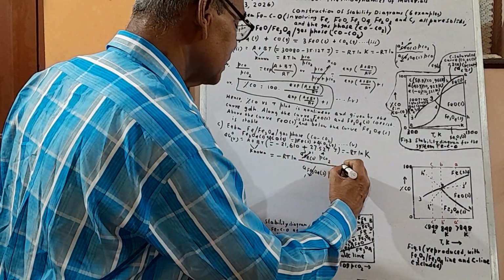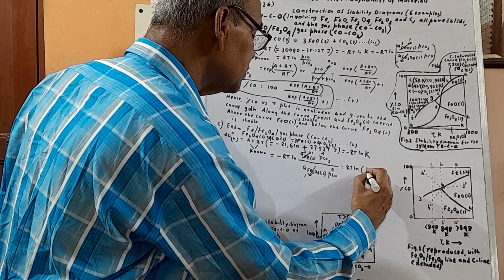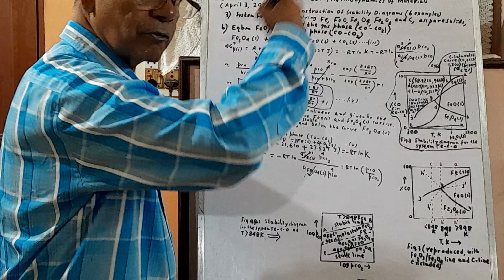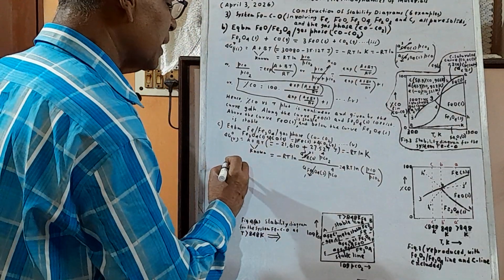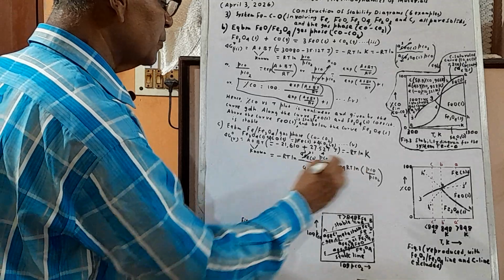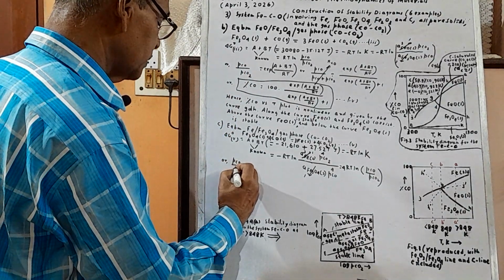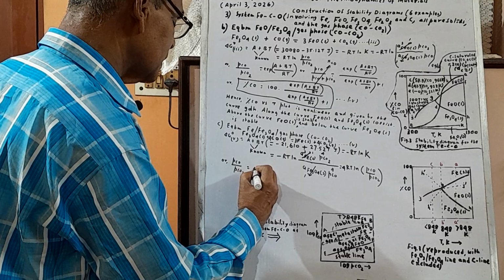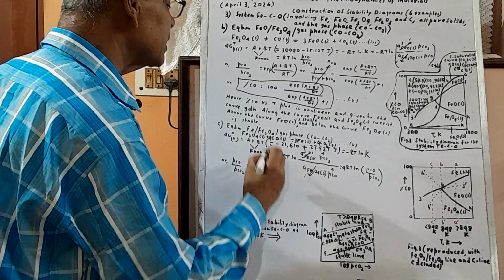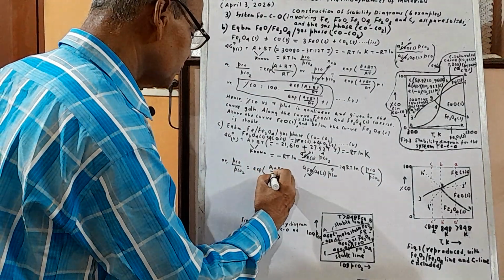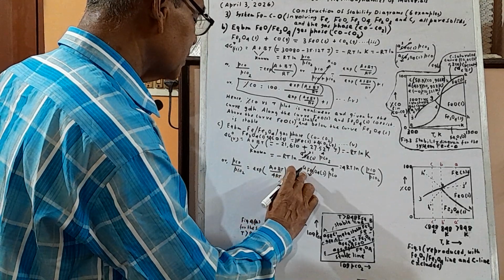So what you are getting here is minus RT ln of PCO2 over PCO to the power 4, so it goes to 4RT. You can also write PCO over PCO2 as exponential of A plus BT over 4RT. Instead of RT, this is 4RT.